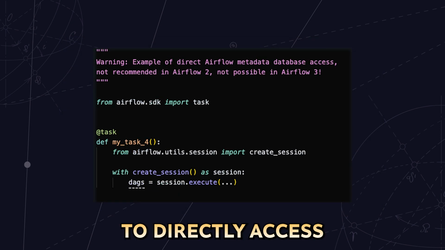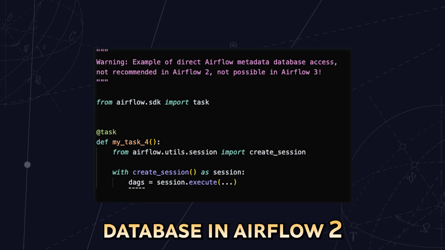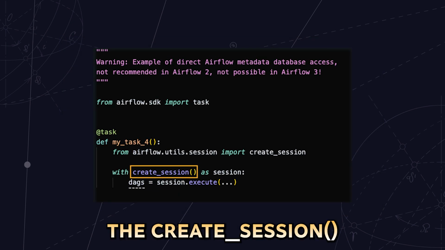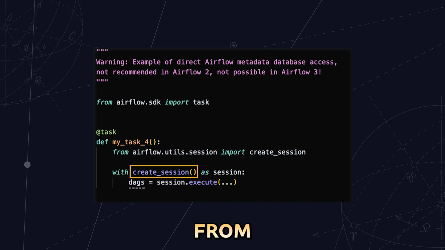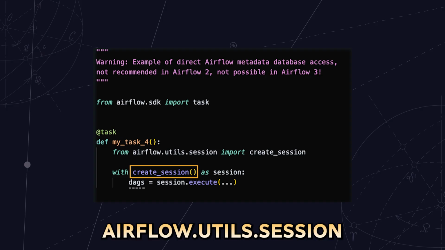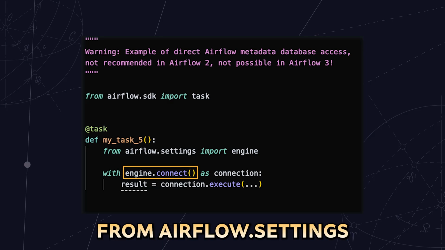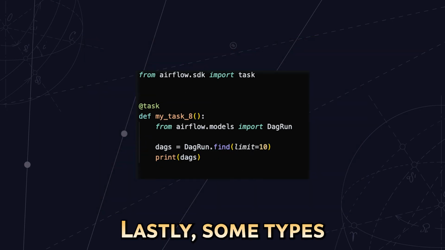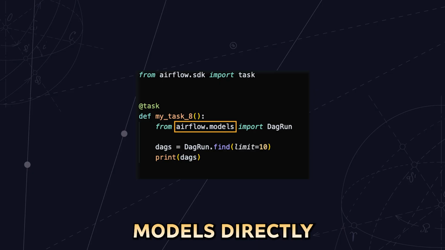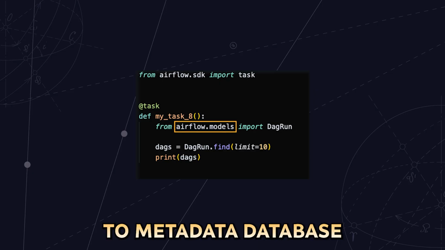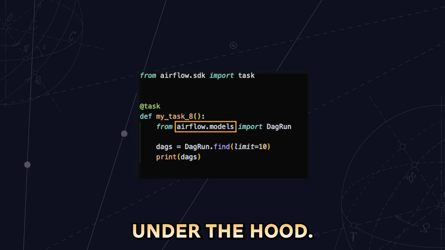Another way to directly access the metadata database in Airflow 2 was to use the create_session function imported from airflow.utils.session or directly using the engine object from airflow.settings. Lastly, some types of usages of the Airflow models directly also access the metadata database under the hood.